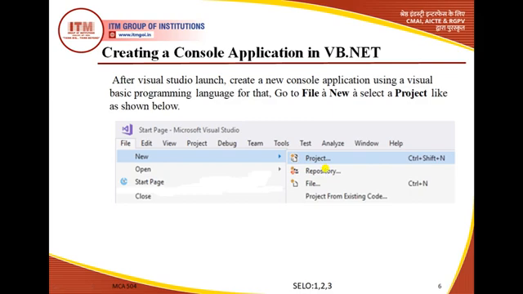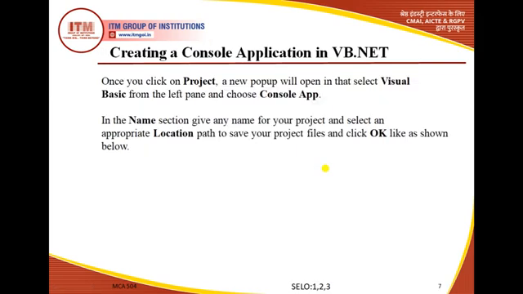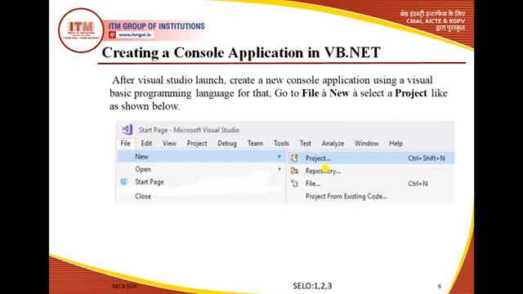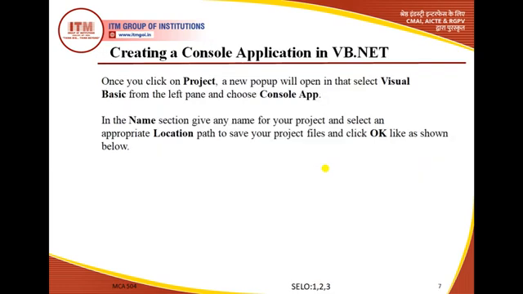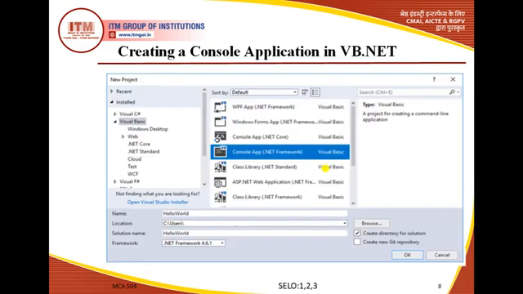So this is basically the creation of the console application. Once we click File, New Project, a new pop-up window will open, in which we will have to select Visual Basic, like this.